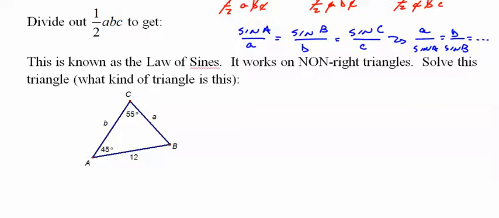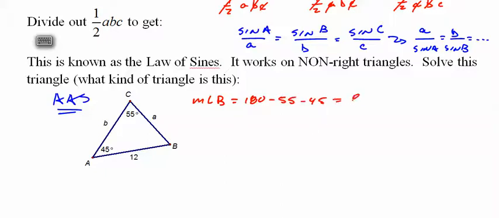So let's solve this triangle. What does it mean to solve a triangle? Find everything about it. So this is an angle side angle triangle, which works very nicely because the first thing I can do is find the missing angle. Measure of angle B is 180 minus 55 minus 45.